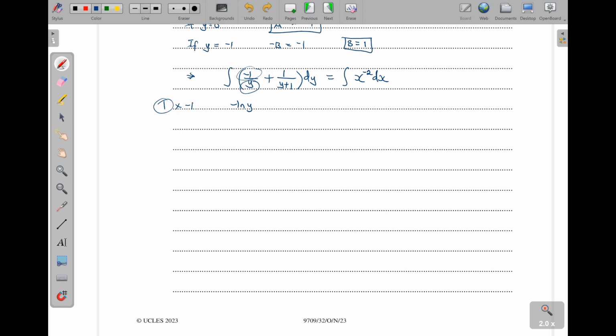So we have negative natural log of y, and then here, when you differentiate this, you get that one that is there. So it will be plus natural log of y plus 1. Then for this one, increase the power by 1, so it will be negative 1, and you divide through by that power.